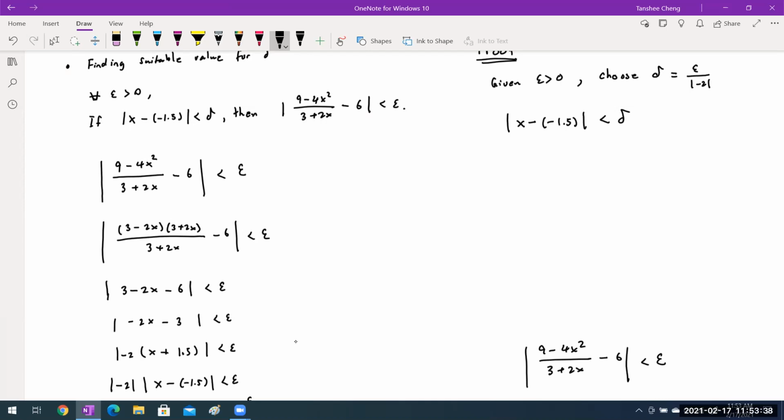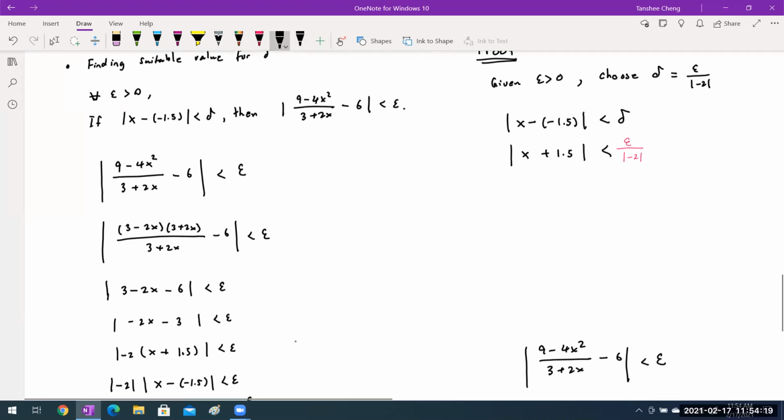We already know all the algebraic steps, so all we have to do is go backward to manipulate it. Here, it will be the absolute value of x plus 1.5 less than, once again, starting with the inequality with only the delta. How do we change it back into epsilon? That's where we need to substitute this delta with the value that we found, which is epsilon divided by the absolute value of negative 2.